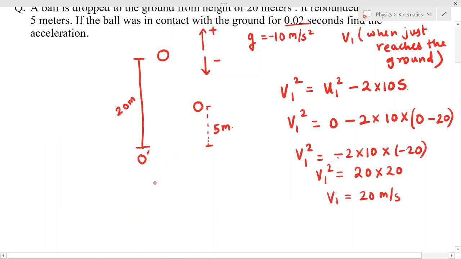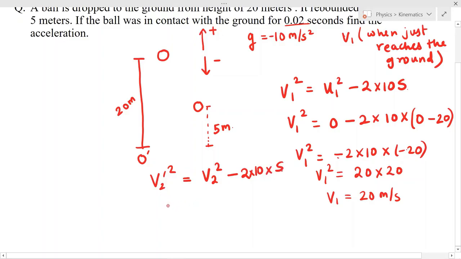So if we take v2 dash squared as the final velocity, it will be 0, because at the top the velocity is 0. So v2 dash squared is equal to v2 squared minus 2 into 10 into s, because g is in the negative direction.